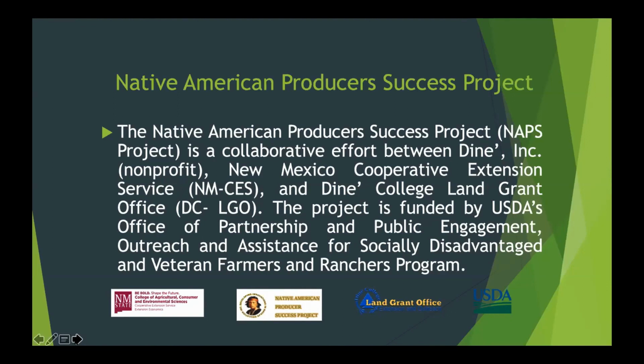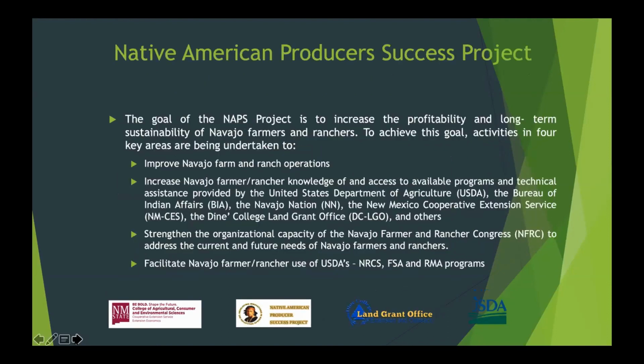The project is funded by USDA's Office of Partnership and Public Engagement, Outreach and Assistance for Socially Disadvantaged and Veteran Farmers and Ranchers Program. The goal of the NAPS project is to increase the profitability and long-term sustainability of Navajo farmers and ranchers.